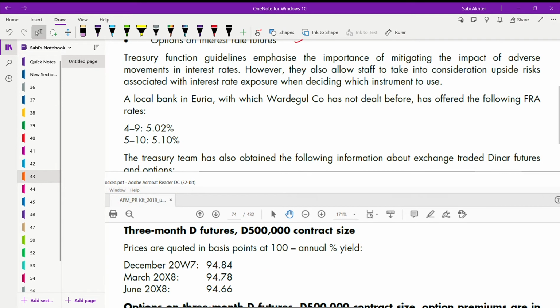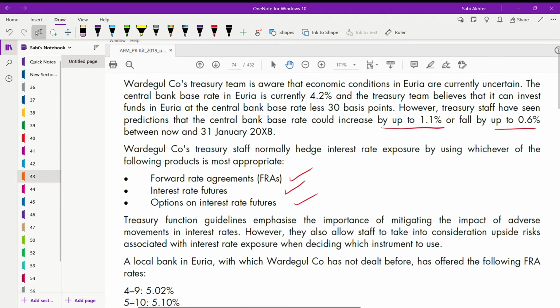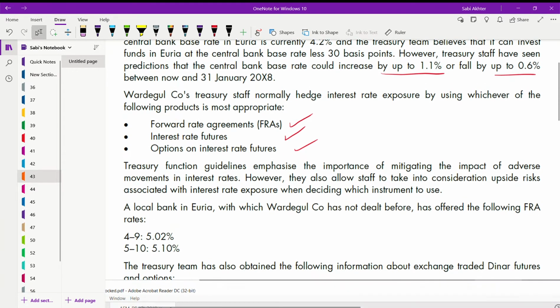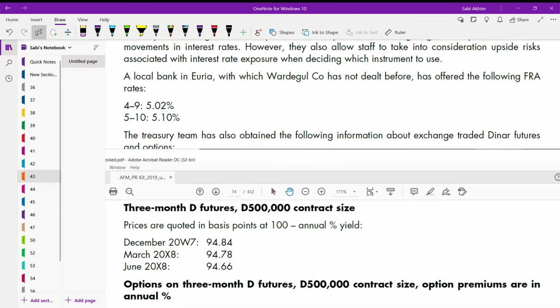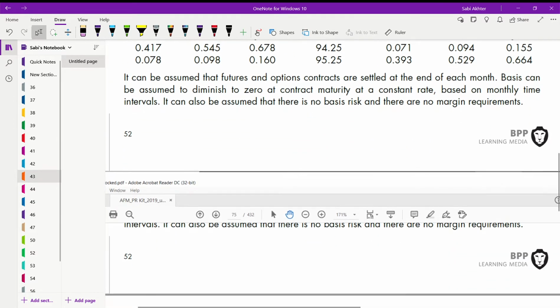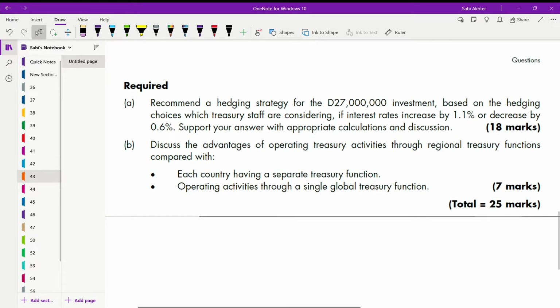You have to select out of these two which one it is, and if you see option, you have to select. So everything else is same. Here if you see part A, you just have to hedge.